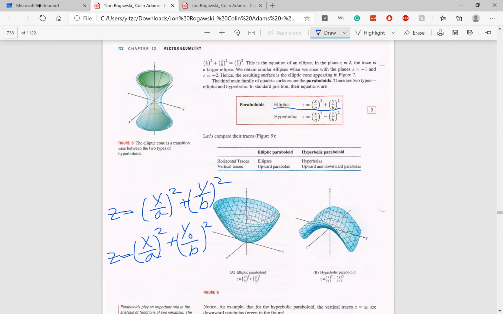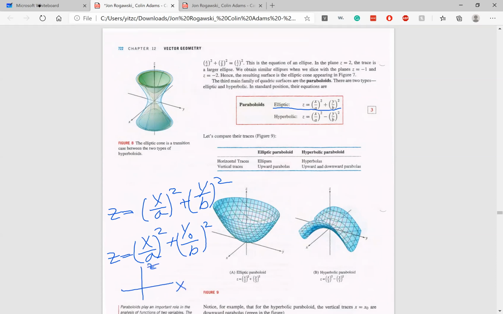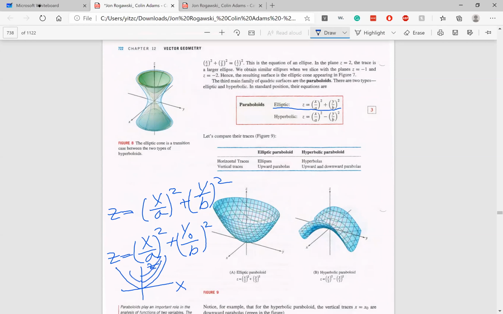And this over here is just a parabola in the x, z direction. This is the one where y0 is 0, and then we get bigger and bigger. So that's in the y direction. Those are these parabolas over here.